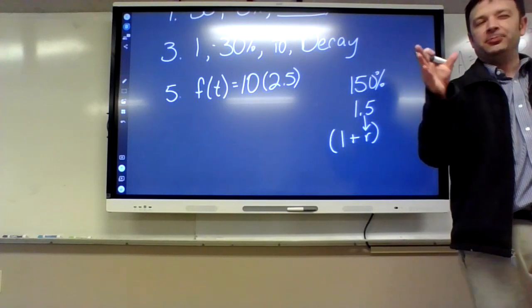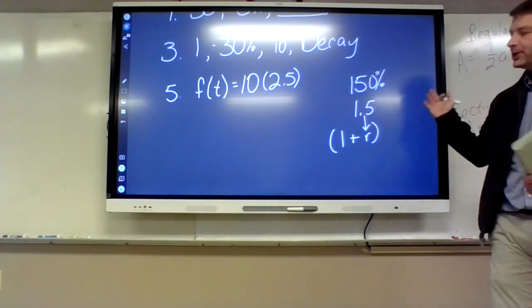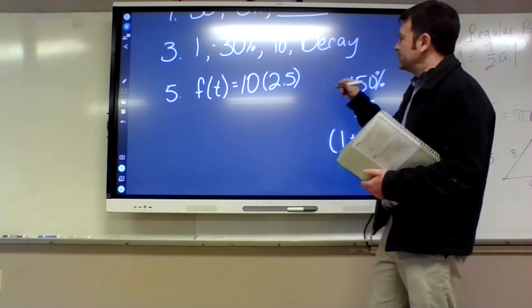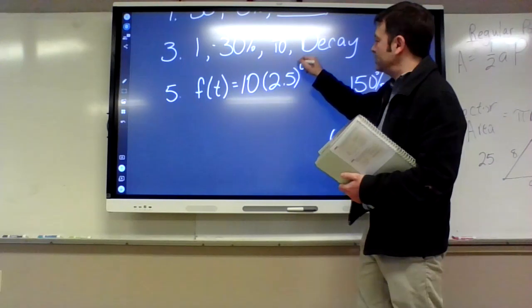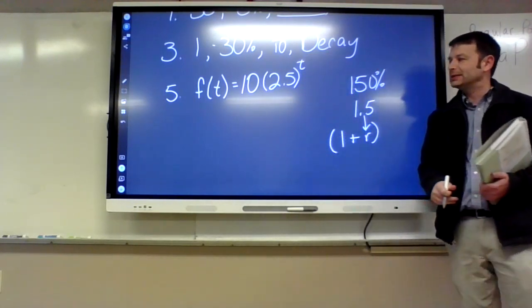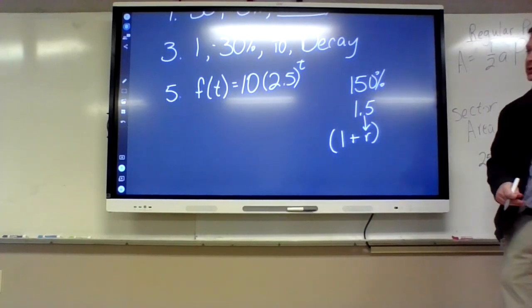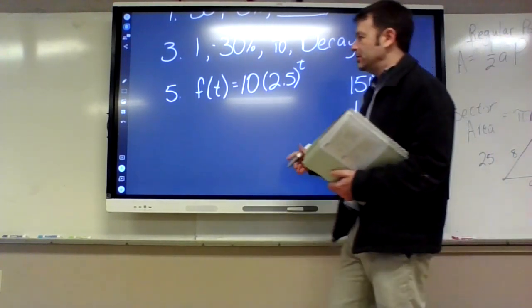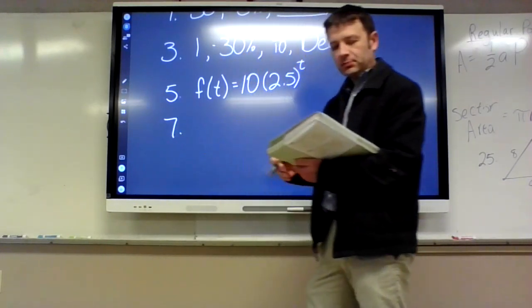Double it. 100% increase actually gives you 2 times as much. Anyways, that's neither here nor there. Now, we don't know how much time is passing, so we're going to leave that as a t. If they told us how much time was passing, then we could plug it in and solve it. But they don't.